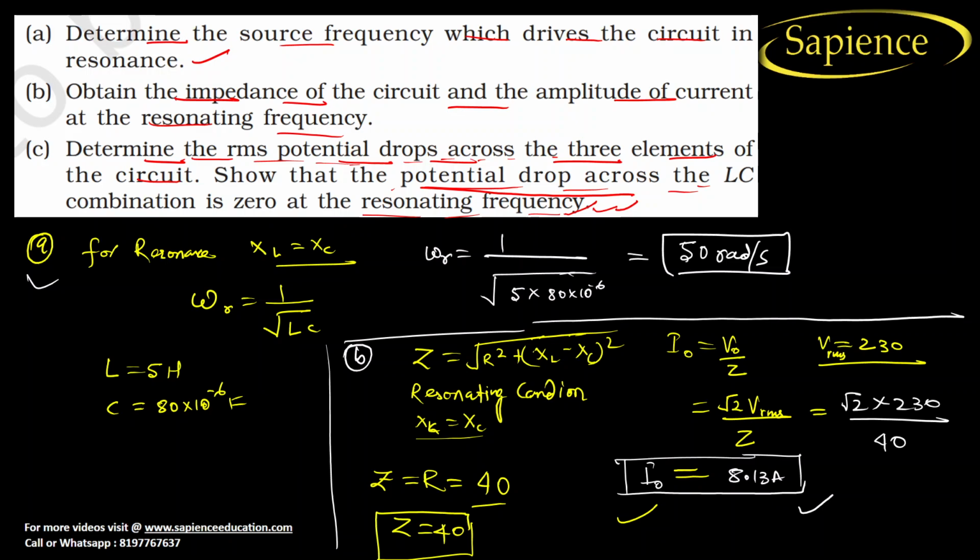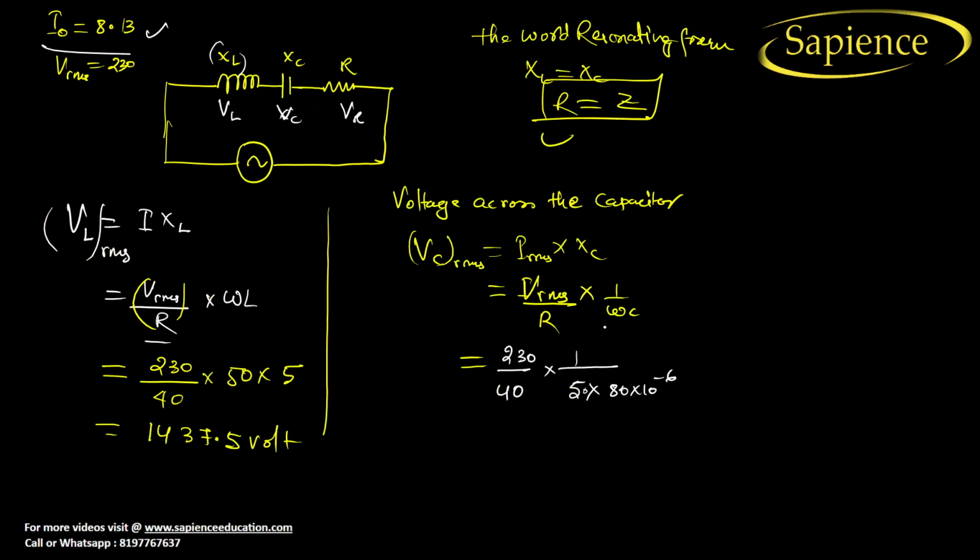Sorry, by mistake I have written 150. This will be 50 only, so we have to use 50. When you get 50, this will be VC RMS, and this is equal to 1437.5 volt.